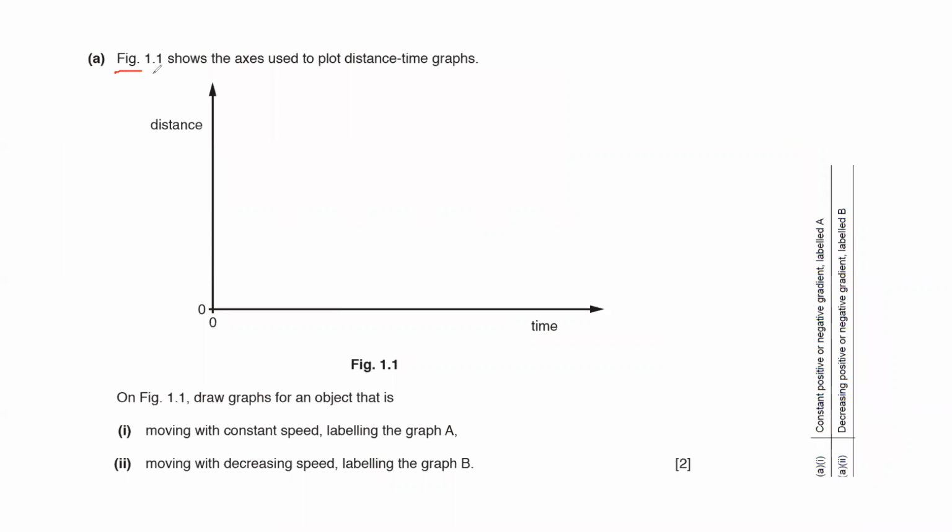In this question, figure 1.1 shows the axes used to plot a distance time graph. On figure 1.1, draw the graph for an object moving at a constant speed. I want everyone to use the screen annotation to draw the distance time graph for an object moving at a constant speed, and label that graph as A. You can use the screen annotation to complete this part.